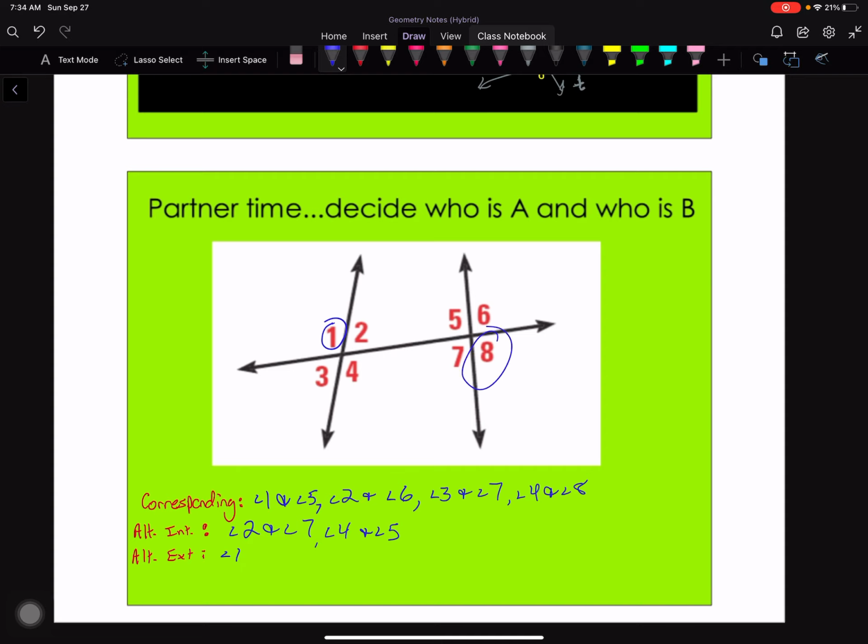So 8 is the only option, alternate exterior, and that means that angle 3 and angle 6 must be alternate exterior angles as well. And finally here, we'll go two more.